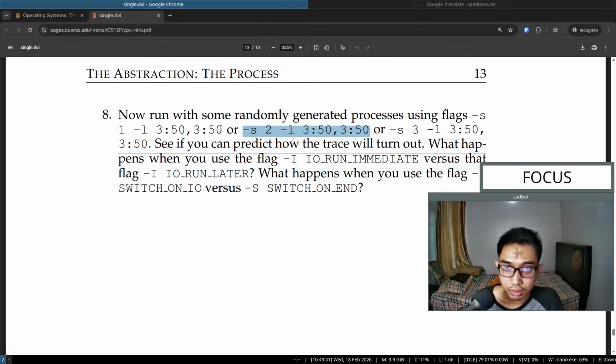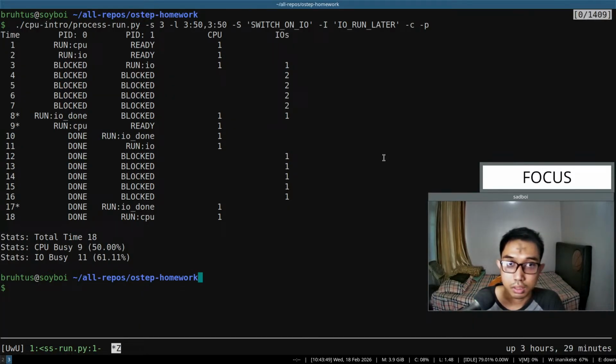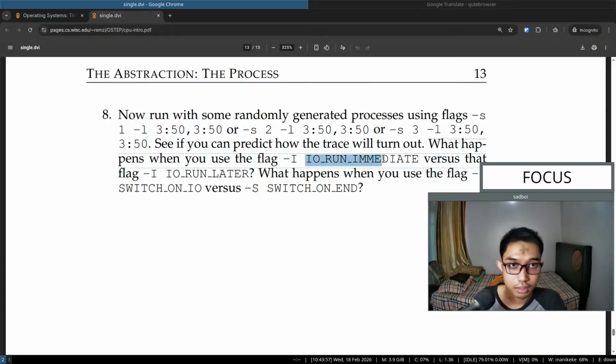Right? We check with the first case. I mean, we check with the default one, right? Input output run later, and then we might compare that to the, what is it called?